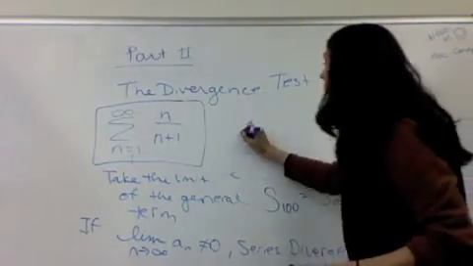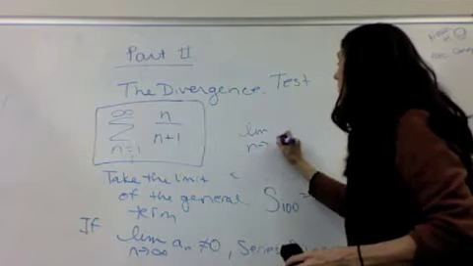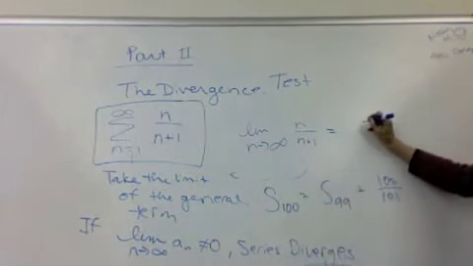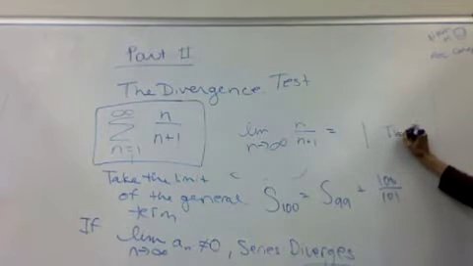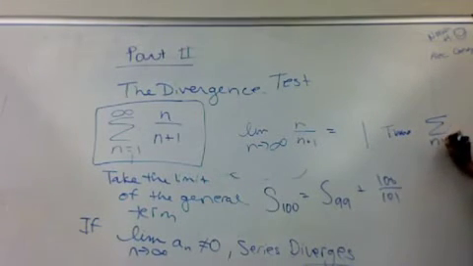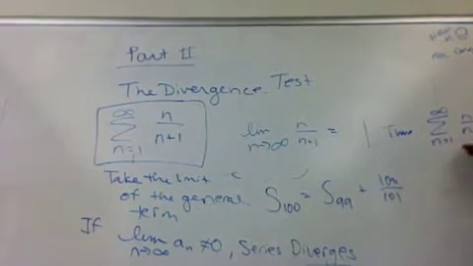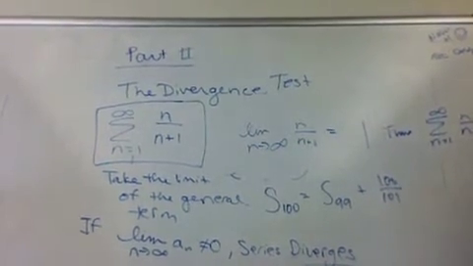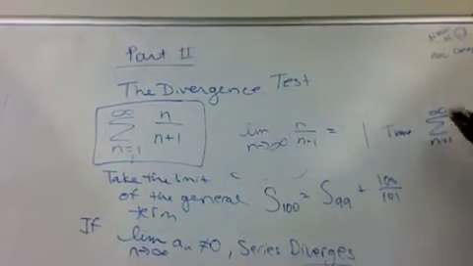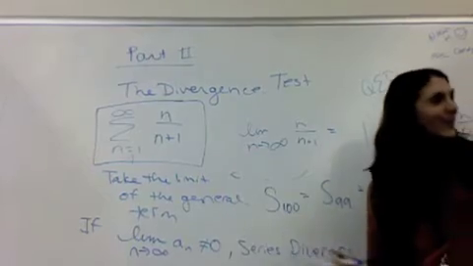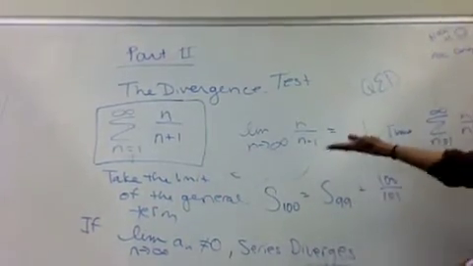All you have to do is say the limit as n goes to infinity of n over n plus 1 is what? 1. Thus, this diverges, and then you write QED. That's all you have to do. It's so simple.